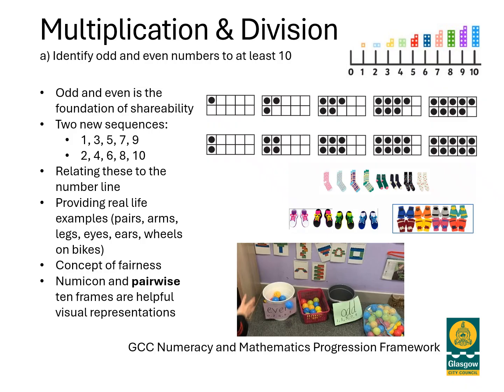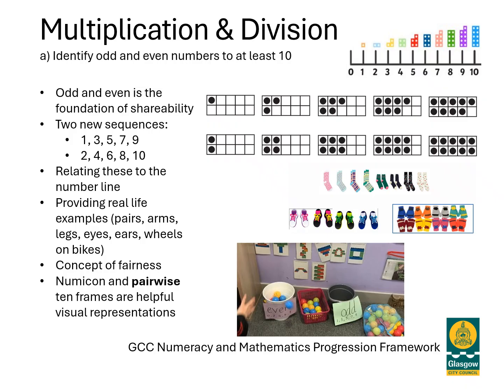And so this is the very first introduction of the idea that we can count in different ways. And when we look at the number line, we can show them the model that the odd and even numbers alternate, and that if we want to count in the even numbers or the odd numbers, we're going to skip one of the numbers each time. And that's obviously setting them up well for counting in 2s or counting in 5s or counting in 10s.